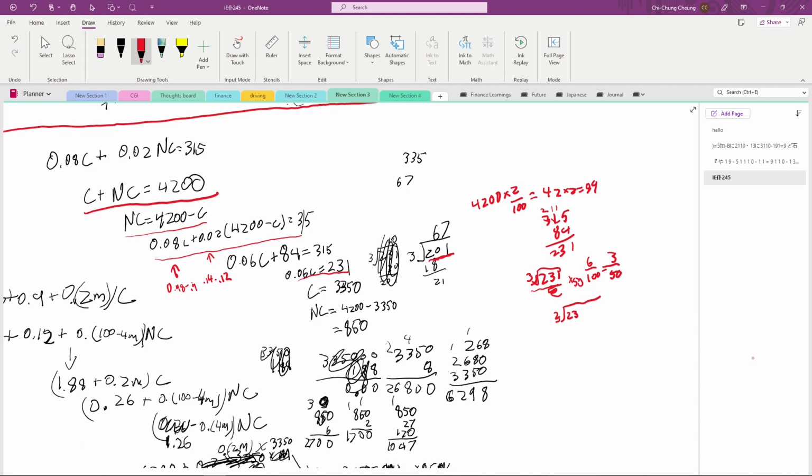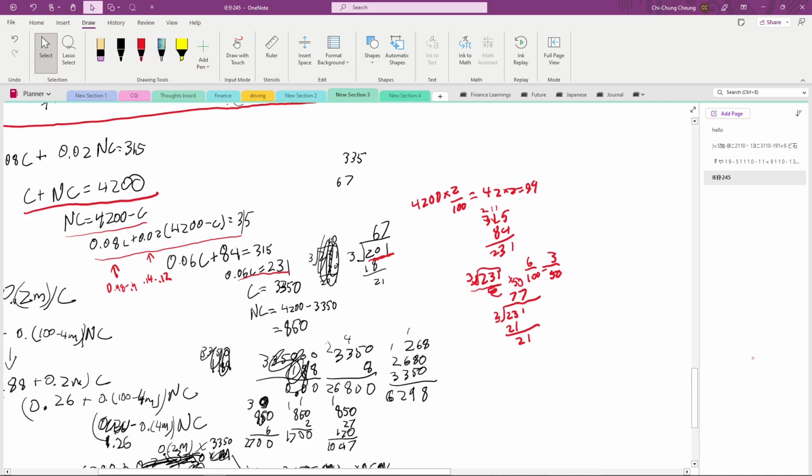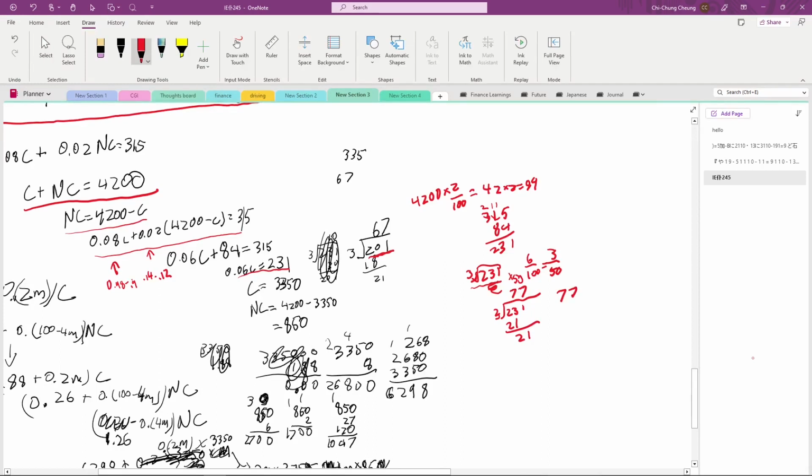So for 23, the closest you can get is 7. So 21, 2, 1, and then because of 1 down, that's 77. Okay, and then 77 times 50 equals 76 divided by 2 times 10, and then plus an extra 5, right?